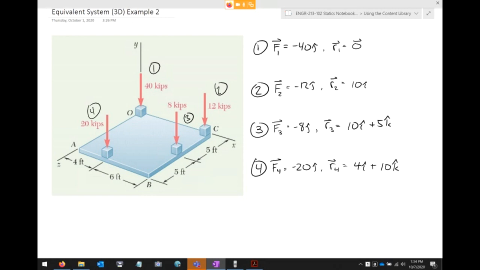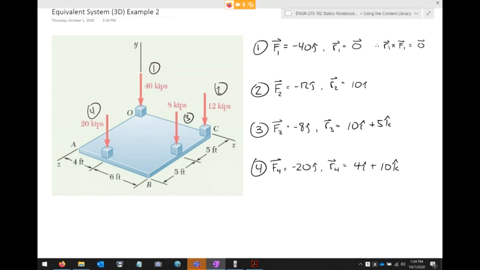So what that means is R1 crossed with F1, what's that going to be? It's going to be 0. It's going to be a 0 vector. Now, before we just start crunching numbers, does that make sense? I mean, think about that.